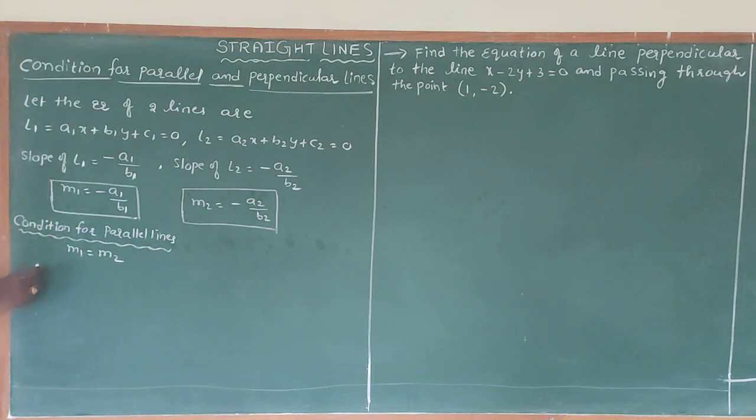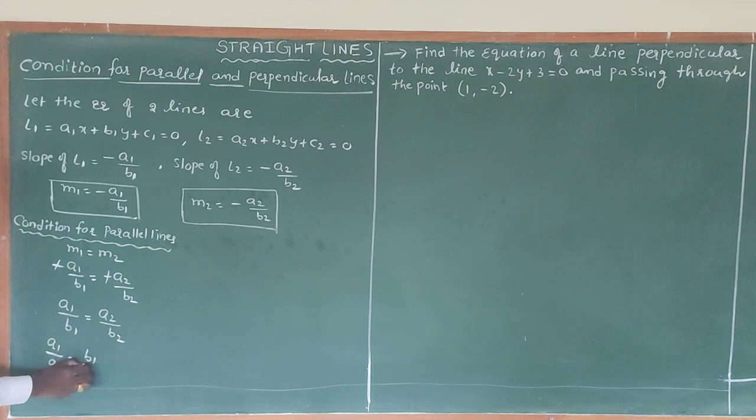That is nothing but m1 is minus a1 by b1, m2 is minus a2 by b2. Now minus gets cancelled. Now what you will get? a1 by b1 is equal to a2 by b2. It can be written as a1 by a2 is equal to b1 by b2. This is also a condition for two lines to be parallel.